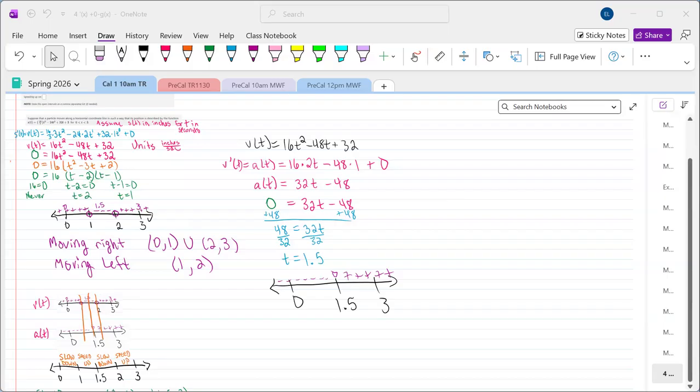All right, the other problem I want to make sure we do is an implicit differentiation question.